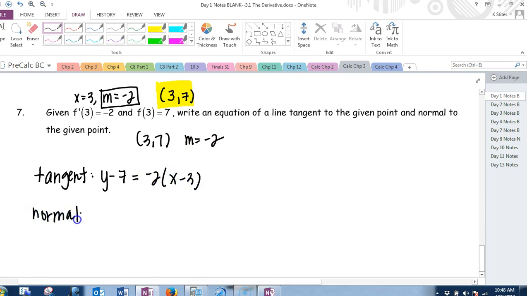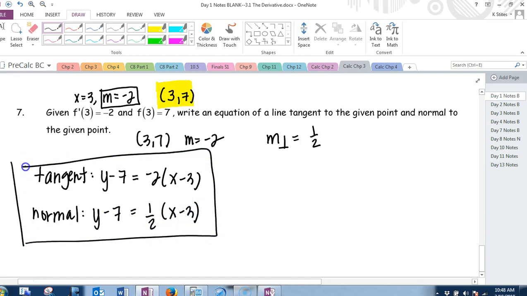Normal, as we know from our last unit, you have to take the opposite reciprocal, sorry, speaking is hard, of your slope. So your new slope will be 1/2. And that's it. So there you go.